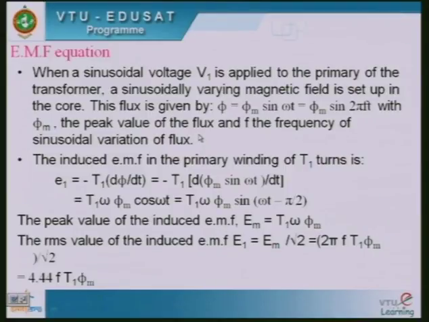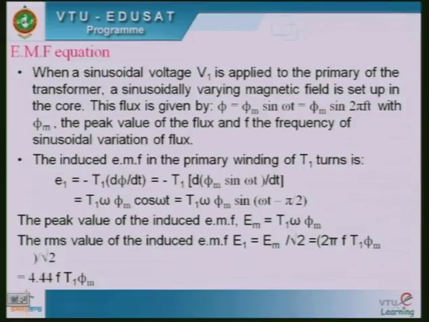Now this induced voltage will have a direction according to Lenz's law. This law says the EMF which is induced will oppose the very cause of its production. The cause of production of this induced voltage in the primary winding is the alternating flux.